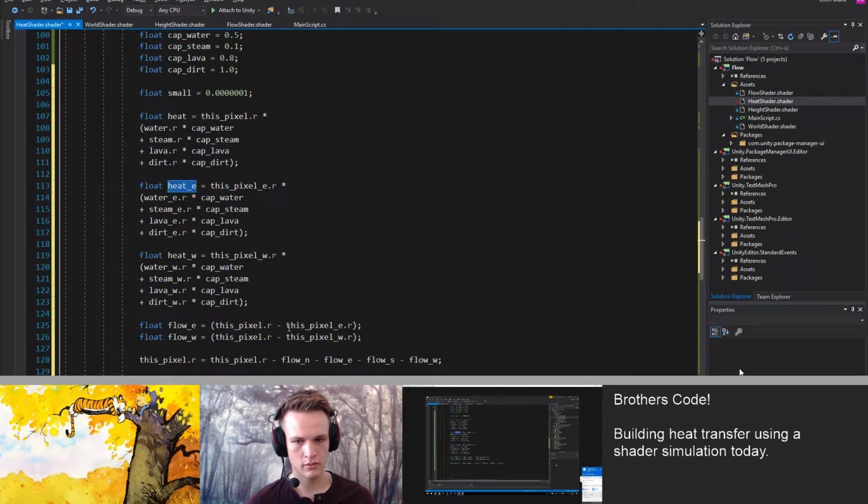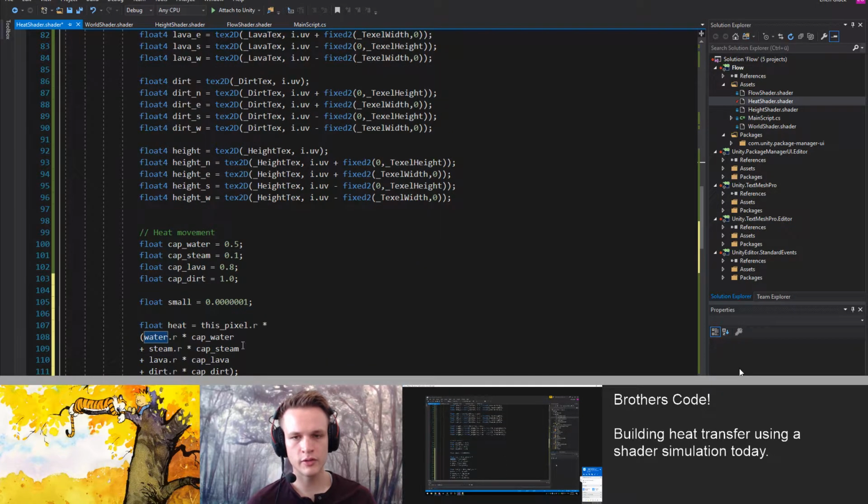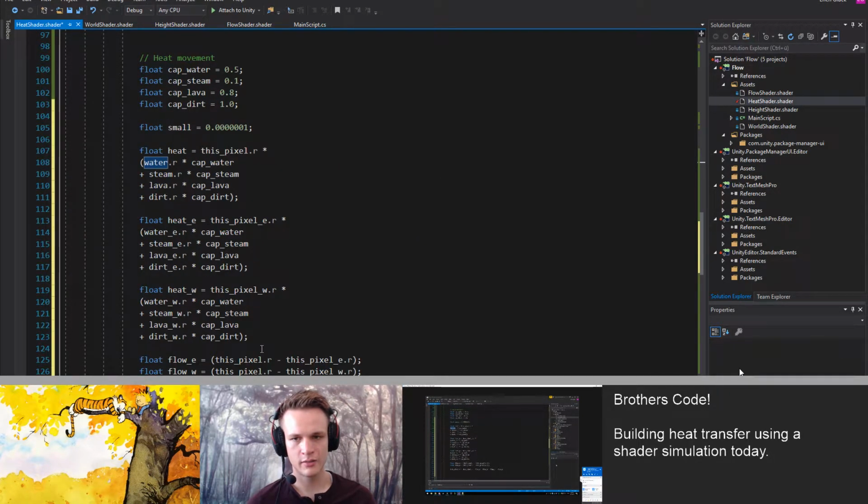So we know how much flowed of each element using the tricks that we had before with the northern flow, the eastern flow, all that kind of stuff. So we should probably pull those out into variables.